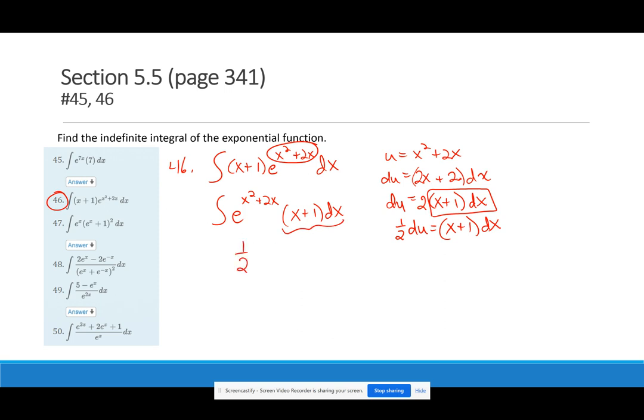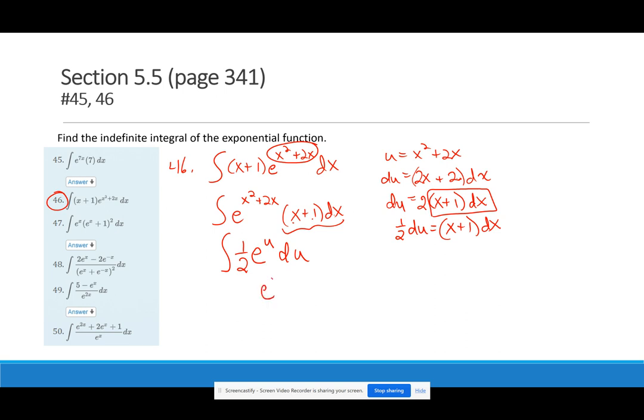So let me put the constant out in front. And this e is not with the 2. It's next to that or up on top with a u. And then in place of x plus 1 dx, the rest of it, I put a 1/2 out in front already. I'd need the du. But I haven't integrated, so keep the integration symbol. And then this is not a power function, so do not think that you need to do e to the u plus 1.